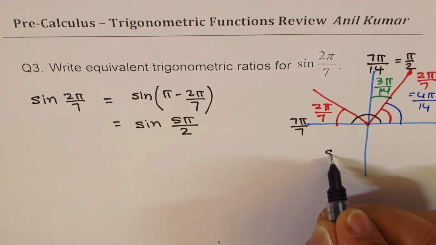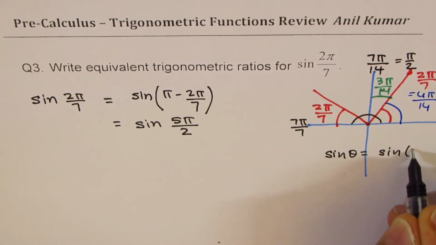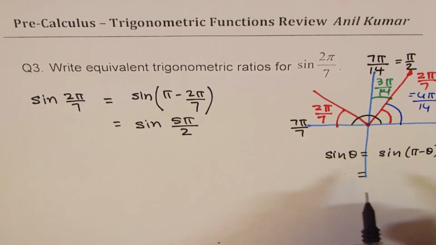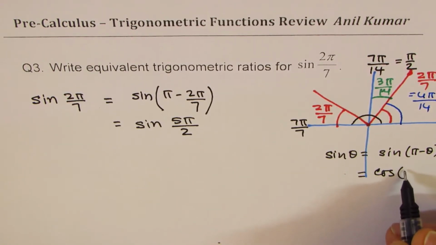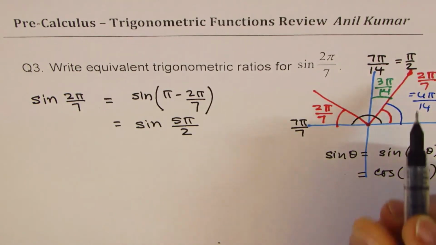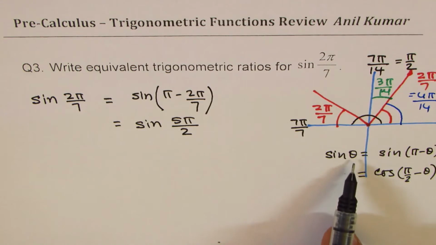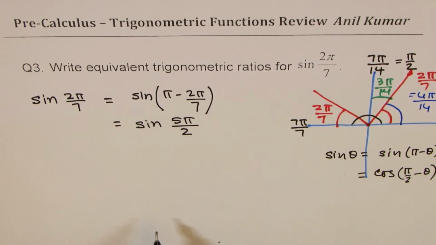So what you know really is that sine theta is equals to sine of pi minus theta, and sine theta is also equal to cos of pi by 2 minus theta, right? So if I do cos of pi by 2 minus theta, then also I get sine theta. Is that correct? So that could give me more equivalent ratios, correct?